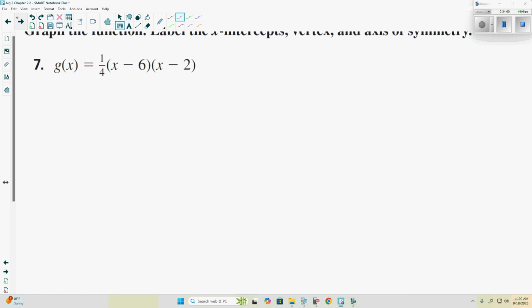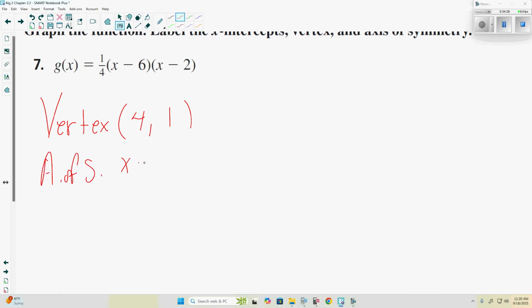Do we need to see another example of this here? Y'all feel good with this here? Yes? So if you already did this one or are getting the answers, the vertex would be the point 4, -1.